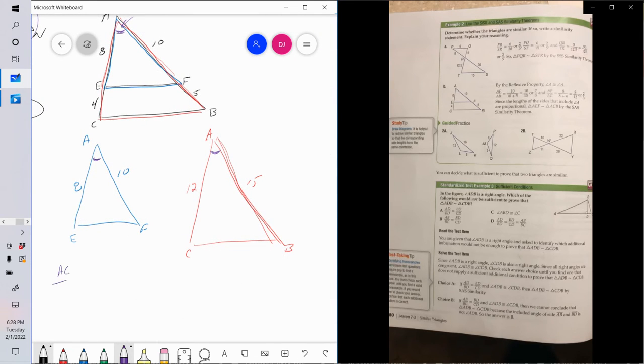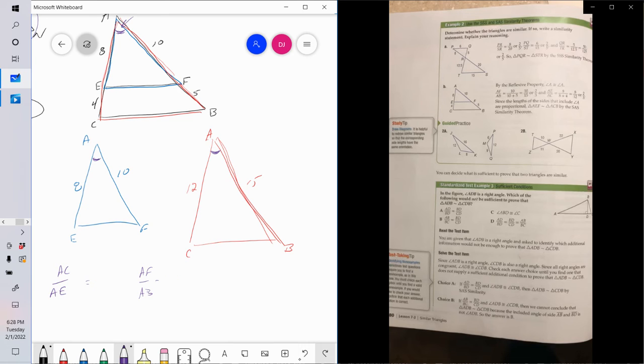Now I wonder, is it true that AC over AE is equal to AF over AB? Well, AC is 12, AE is 8. AF is 10 and AB is, whoops, I'm sorry. Let's do that differently.